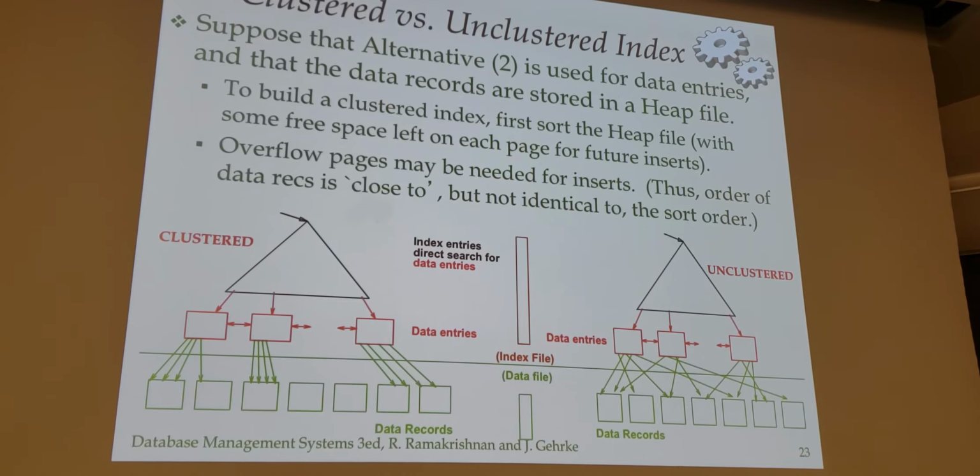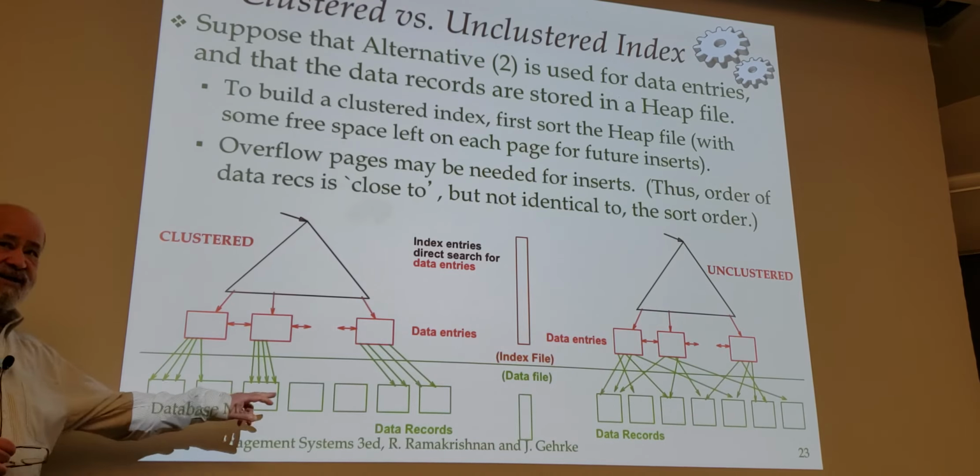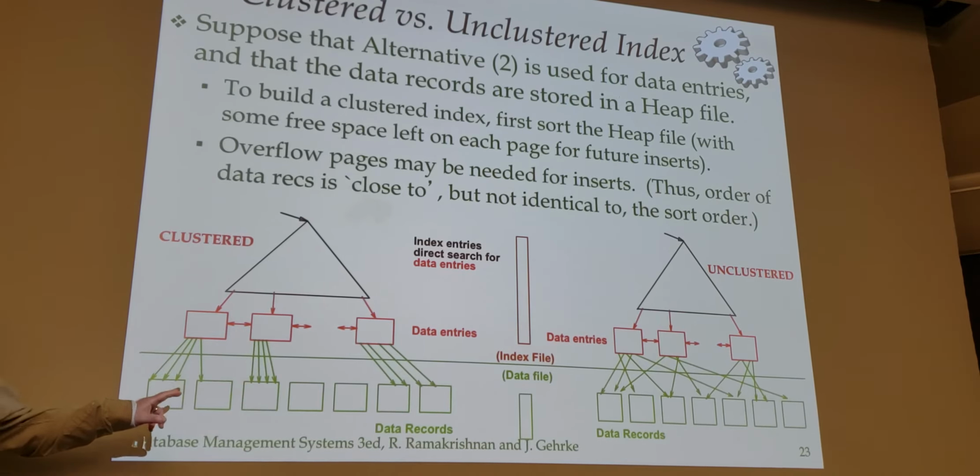So what I can do is take the data and build a clustered index. Remember that we're usually going to be using alternative 1 for that, but we're going to be sorting the data, and if it's clustered, I can just go ahead and sort the data and build the leaves of the index that correspond to that.